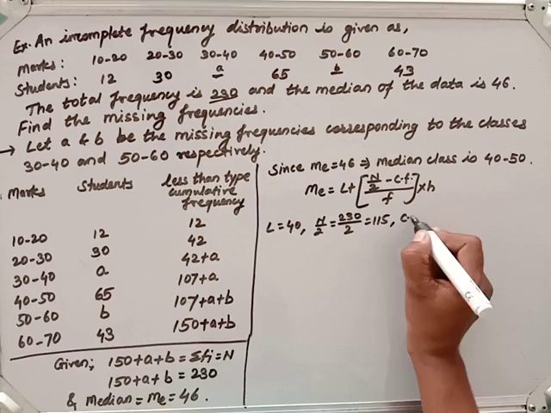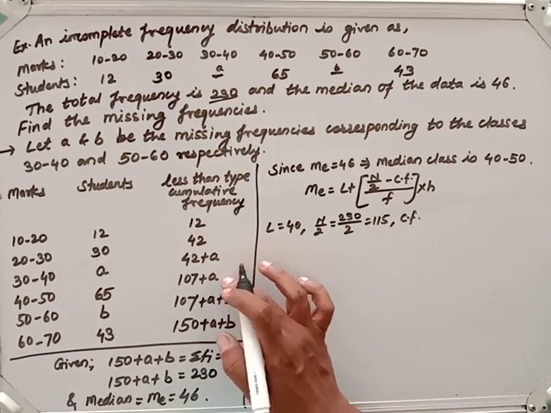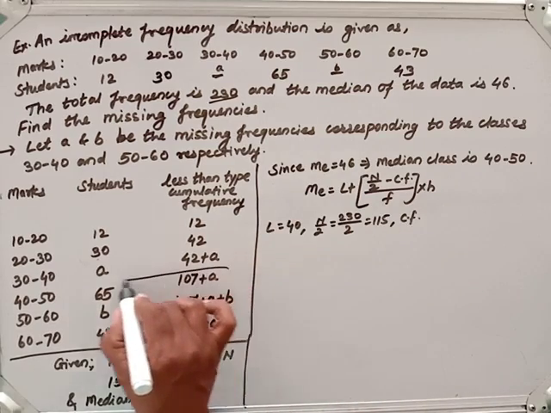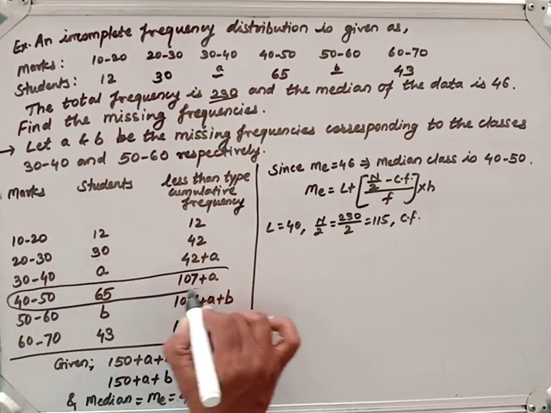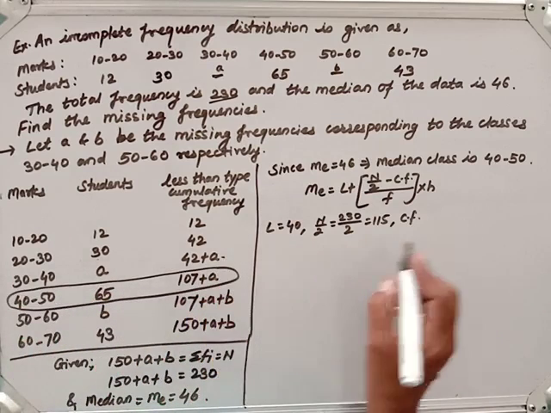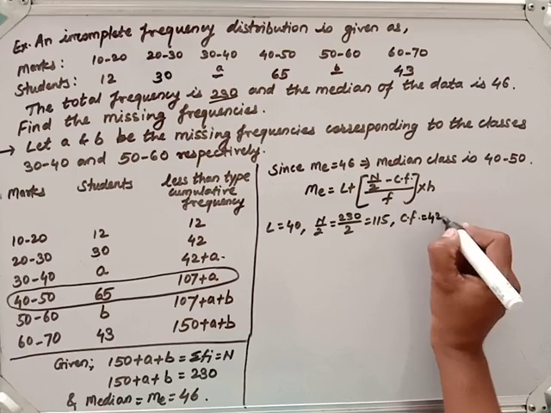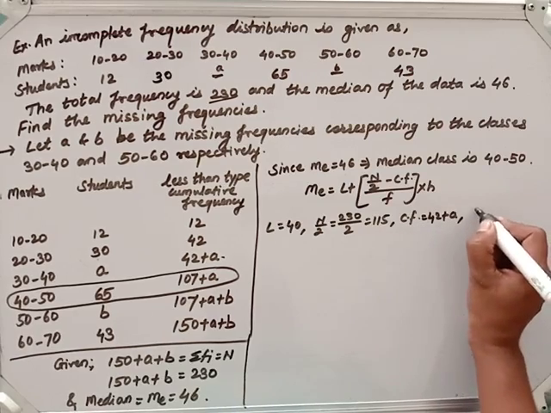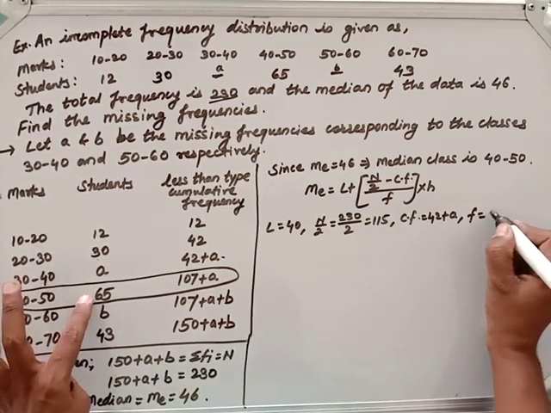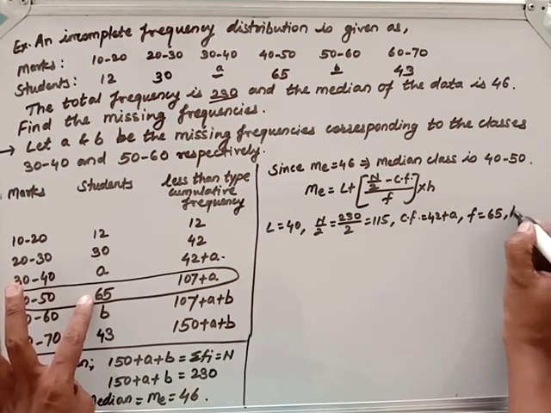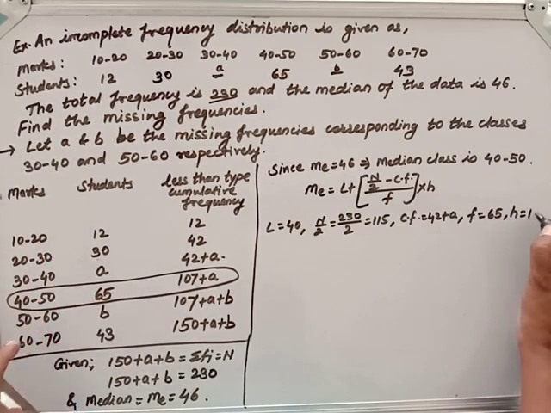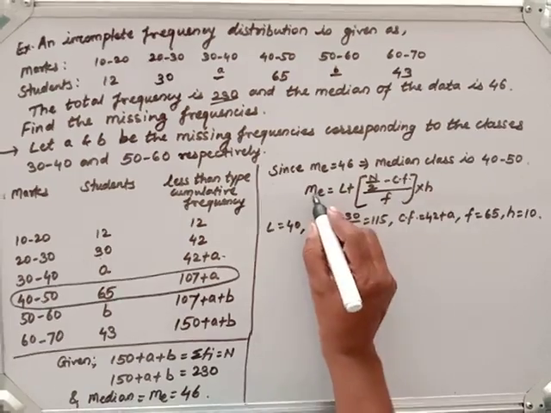What is CF? CF is the cumulative frequency of the class just before this median class, that is 42 plus A. Then F is the frequency of that class, so it is 65. And H is 10.